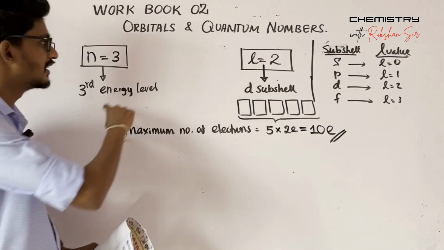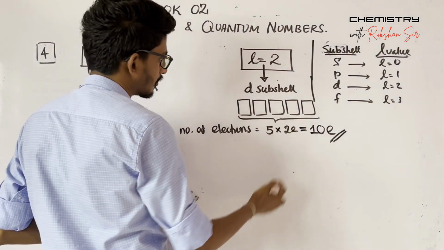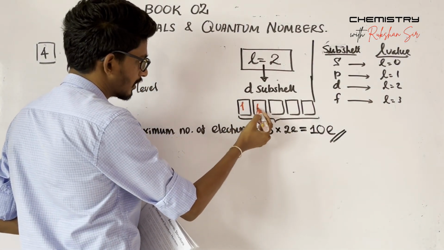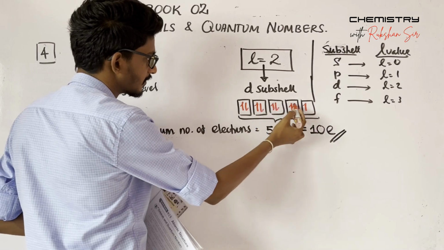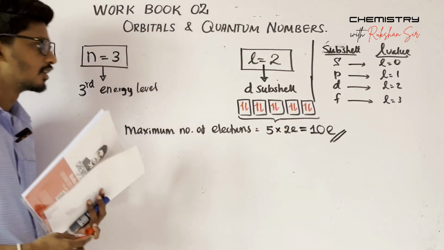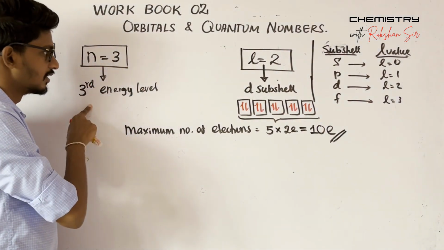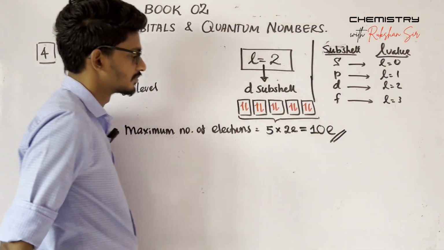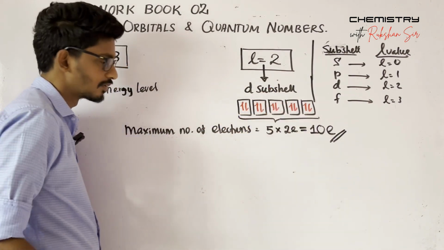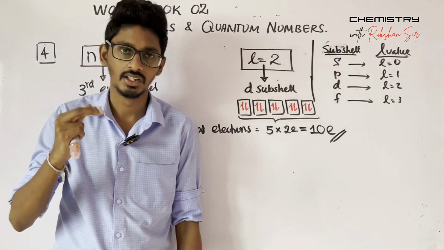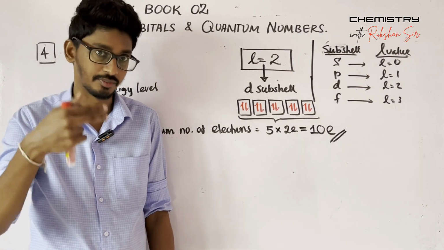So this is all about the 3D subshell. In the 3D subshell, you can have a maximum of 10 electrons. One orbital can hold 2 electrons with antiparallel spins. So the maximum number of electrons possible in the third energy level D subshell is 10. The S subshell has only 1 orbital, P subshells have 3 orbitals, D subshells have 5 orbitals, F subshells have 7 orbitals.